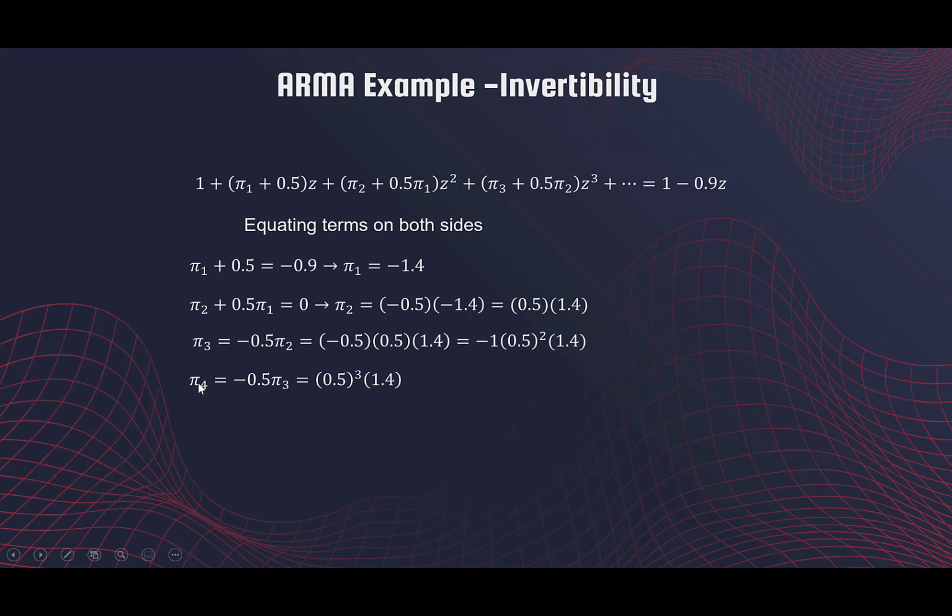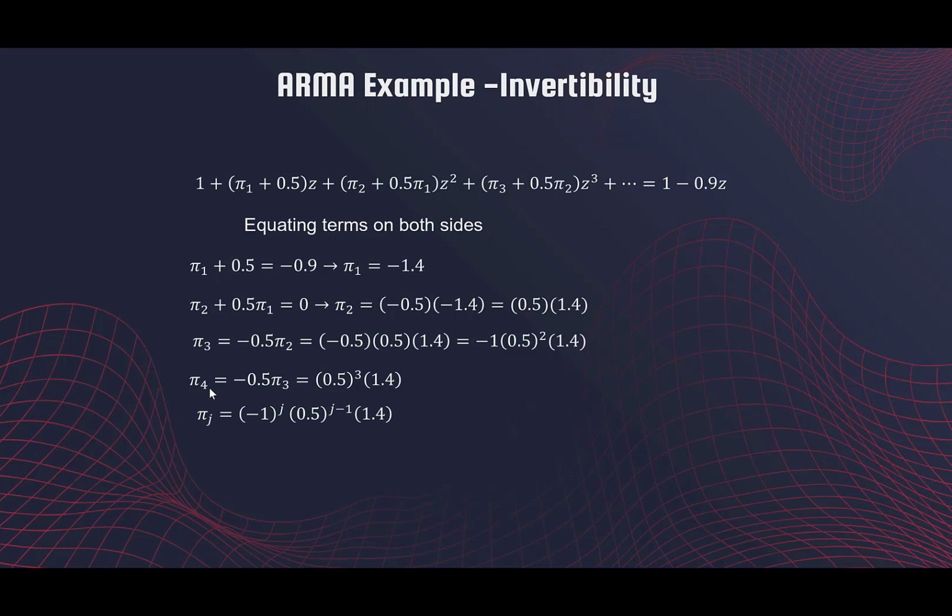So you can see that for pi 4 I have half raised to 3, pi 3 I have half raised to 2, pi 2 I have half raised to 1. So you can see a pattern emerging. 1.4 occurs everywhere, and also you can see that the signs are switching. Pi 1 is negative, pi 2 is positive, pi 3 is negative, pi 4 is positive, and so on.